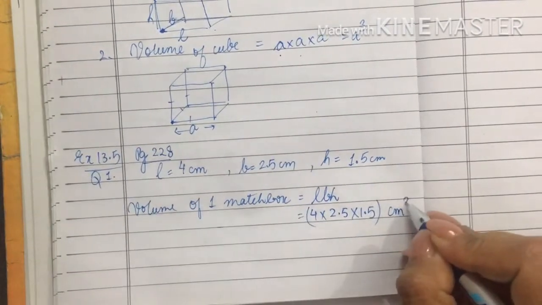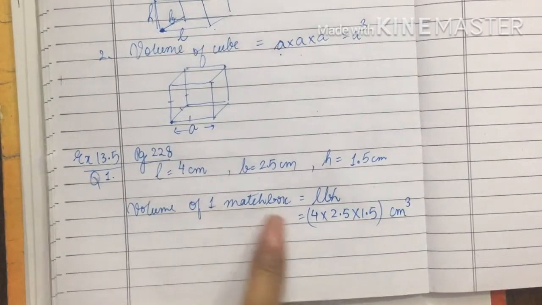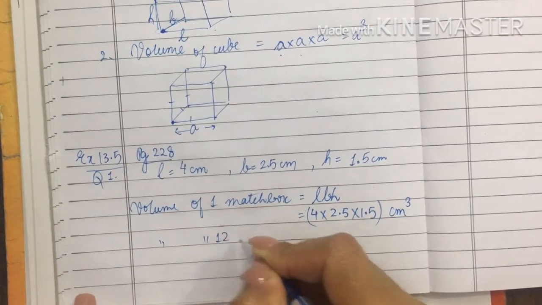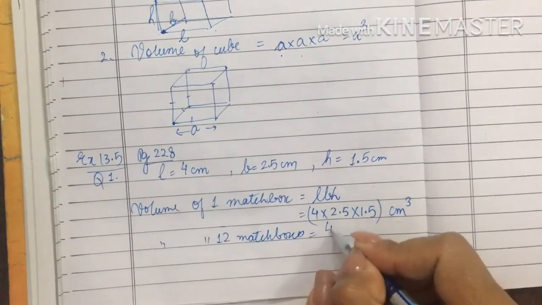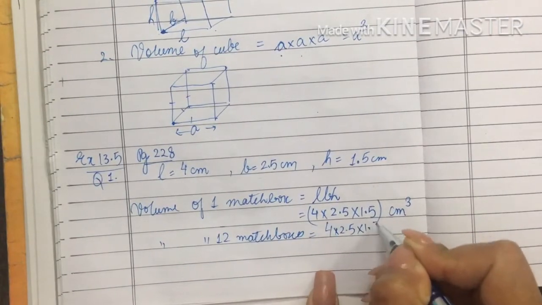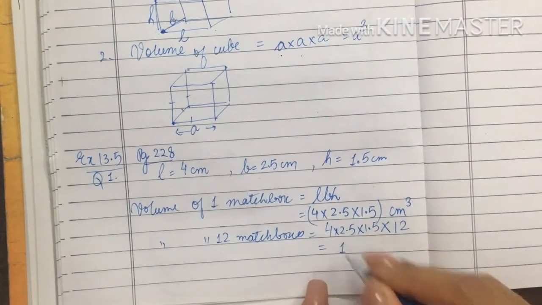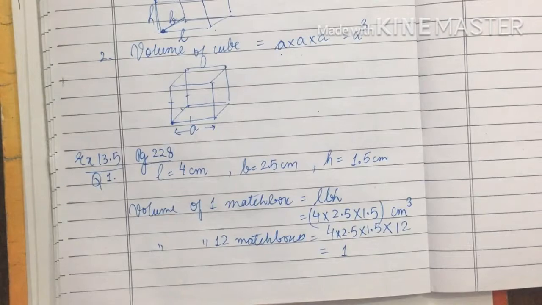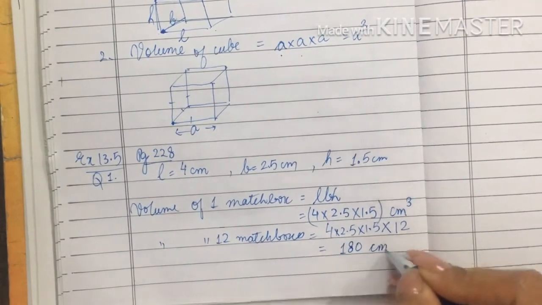The answer will be in centimeter cube. Now since I do not need the volume of one matchbox, I'm not doing the calculations here. I'm proceeding to the next step. Volume of 12 matchboxes. So the answer obtained will be multiplied by 12. So calculate the answer. This comes out to be 180 centimeter cube.